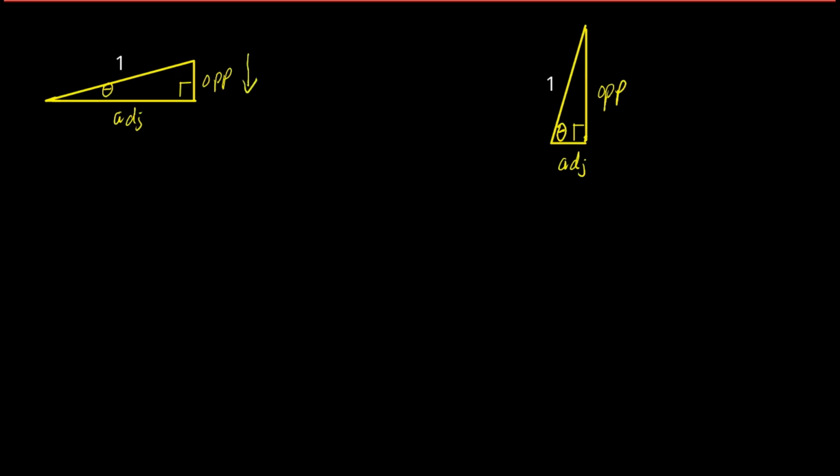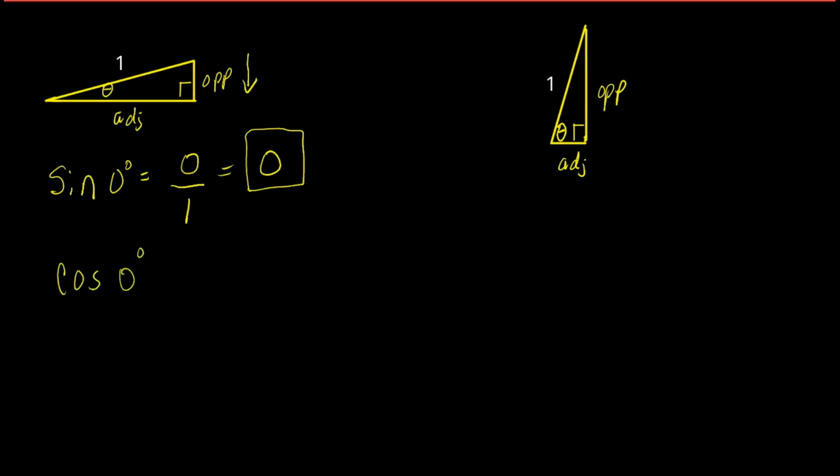The side adjacent will be approaching 1. So the sine of 0 degrees will be opposite over hypotenuse. Opposite will become 0. The hypotenuse is 1. That tells me the sine is 0 for 0 degrees.